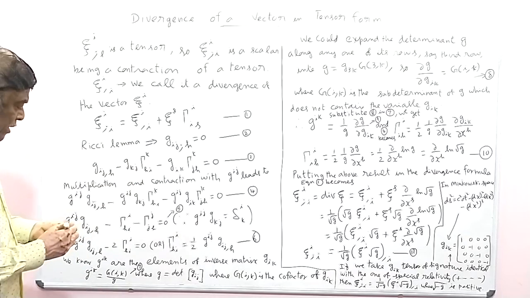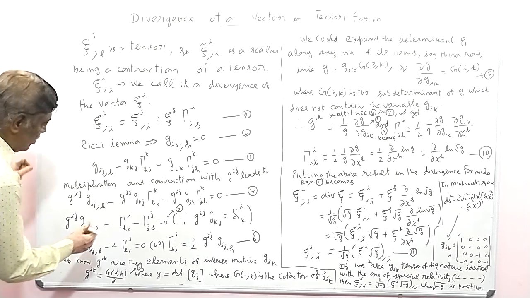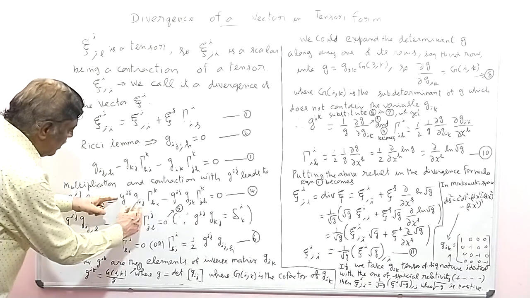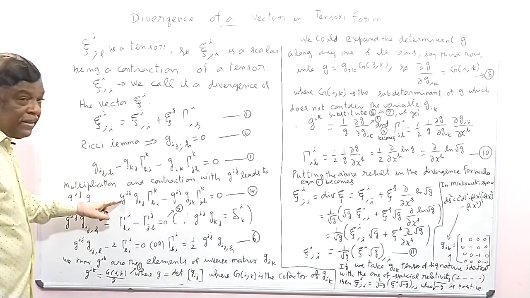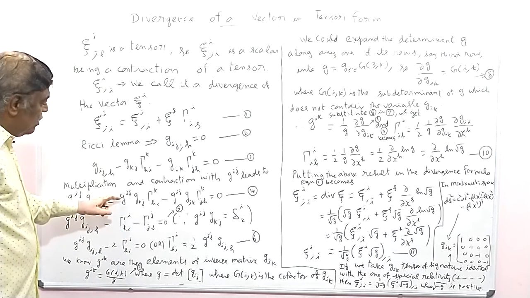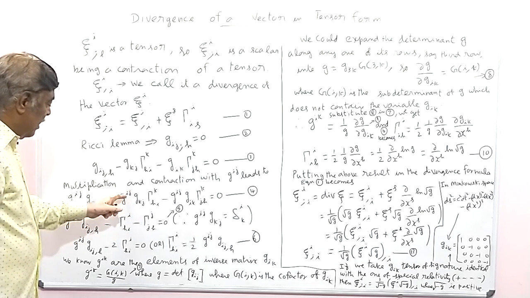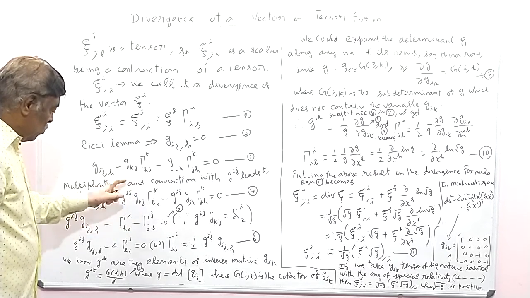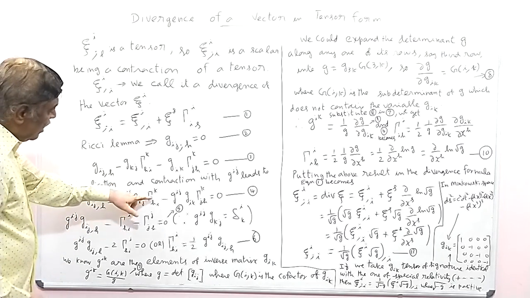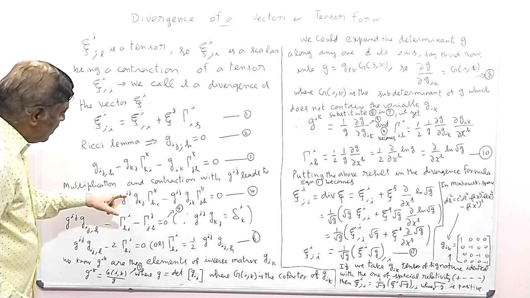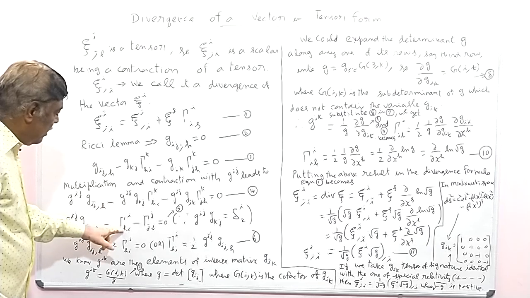You are just making a multiplication, and now we are making the contraction. If we take this term, this is g ik, so this becomes the delta i k. This is a contravariant metric tensor, this is a covariant metric tensor, and once you make the multiplication, this becomes a delta k i. So the non-vanishing term is only when k is equal to i. So here k is replaced by i in gamma i i h.